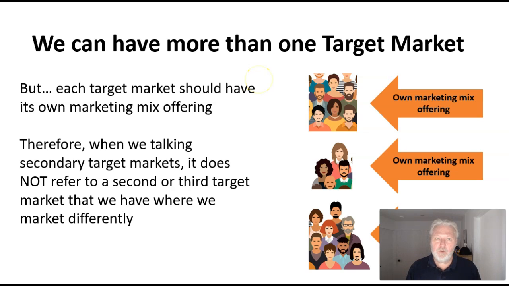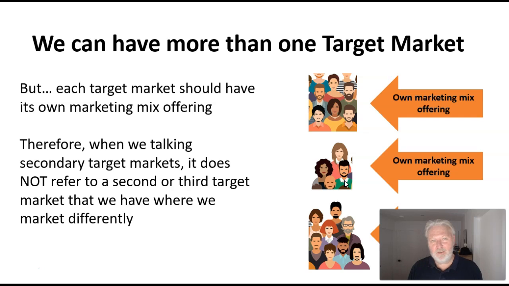What distinguishes the difference is, have we constructed a marketing mix that is unique for that target market? And that's what we should be doing. If this group here is a target market, we need to think about our marketing mix offering, our 4 or 7 Ps, and then have a unique offering for those. Here is a different target market.